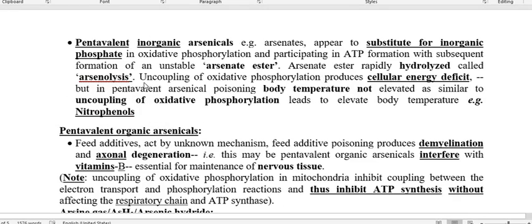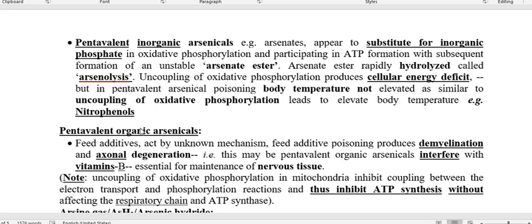This is about the inorganic arsenicals. The trivalent is also mainly inorganic. But when you go through the organic arsenicals, particularly the pentavalent organic arsenicals, they are mainly concerned with vitamin B interference. Because of this interference with vitamin B, they are going to produce neuronal toxicity.